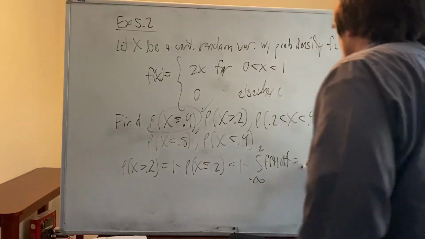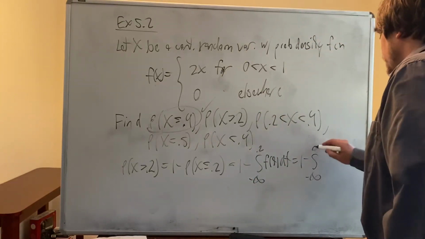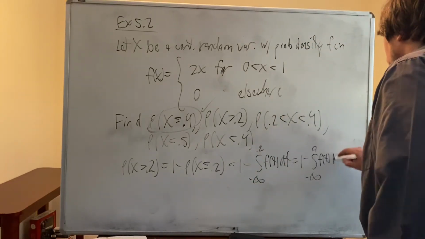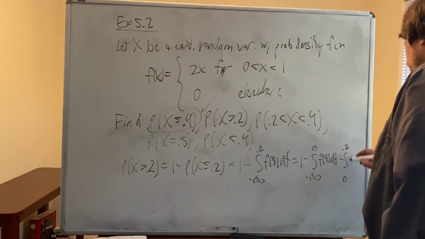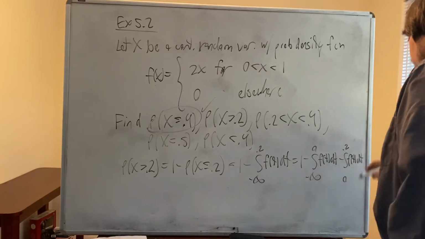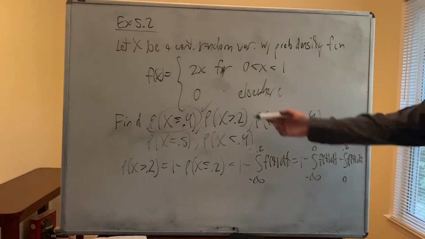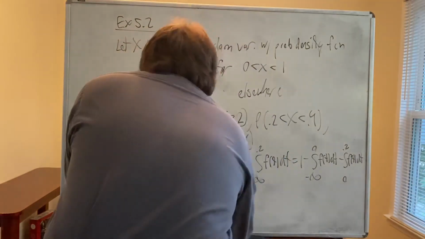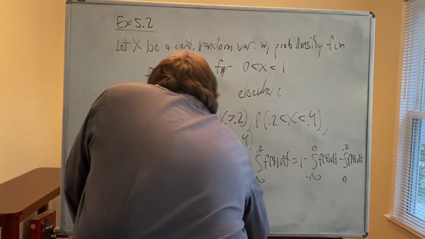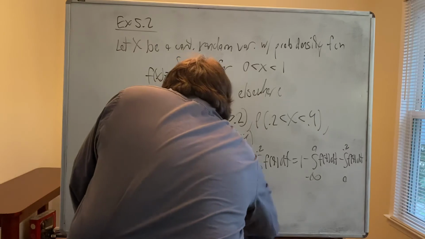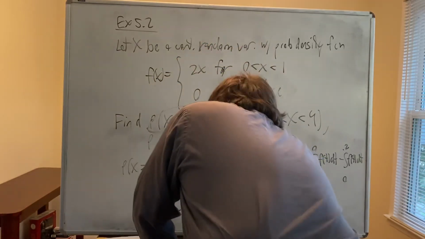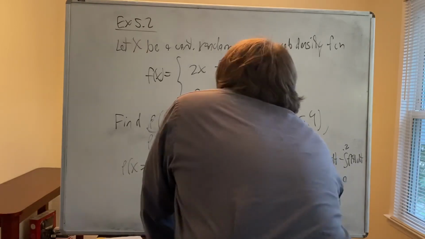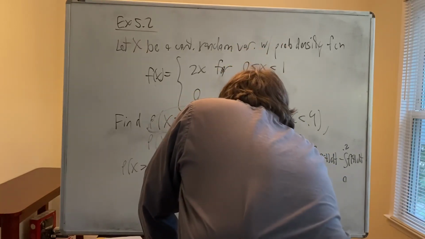This is equal to 1 minus the integral from negative infinity to 0 of f of t dt minus the integral from 0 to 0.2 of f of t dt. Remember, from negative infinity to 0, f of t is 0, and it's 2t in the other integral. So this is 1 minus the integral from negative infinity to 0 of 0 dt minus the integral from 0 to 0.2 of 2t dt.